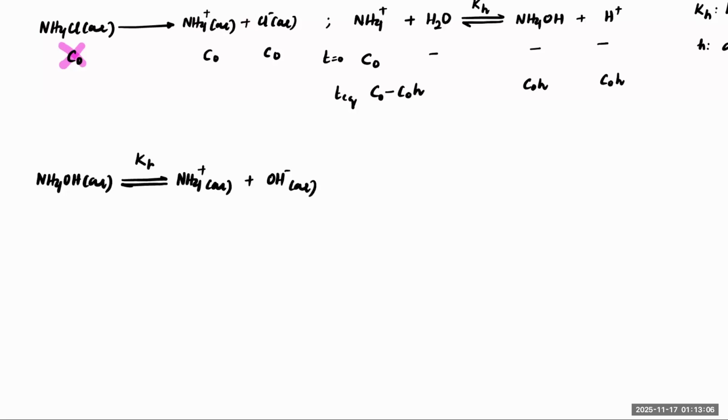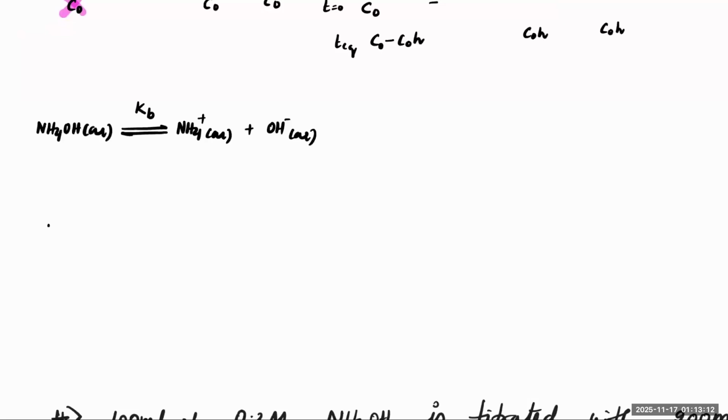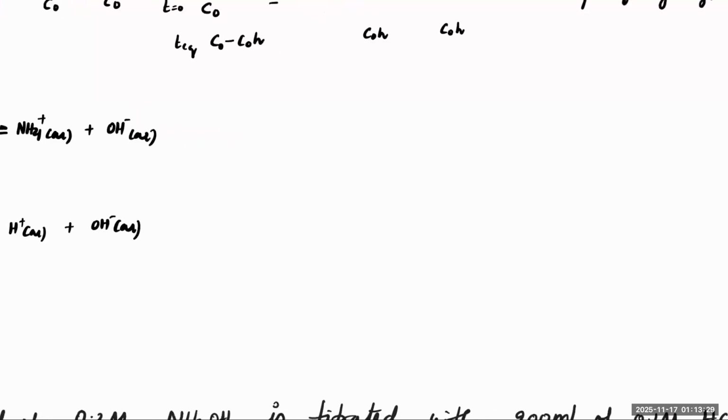That we call Kb, correct? Other than that, we also learned that water, H2O liquid, will maintain its equilibrium as H plus aqueous and OH minus aqueous, and the respective equilibrium constant is Kw.